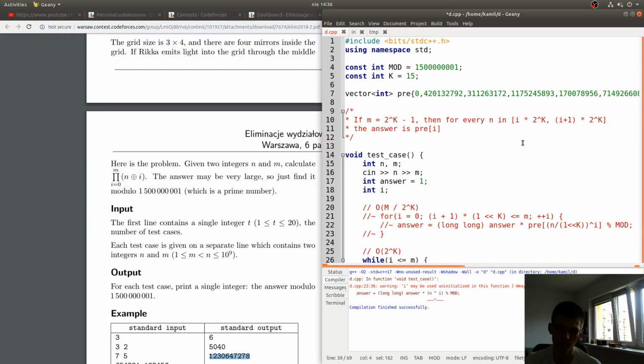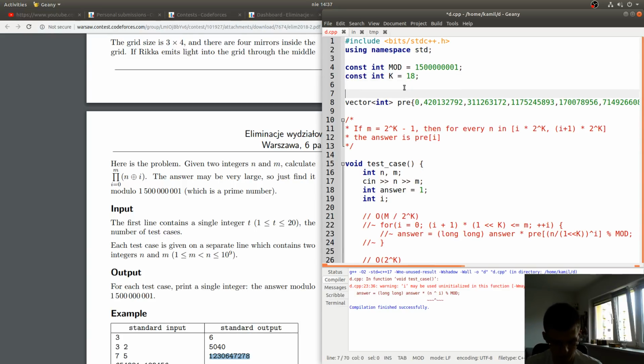In fact, in Codeforces, it's like 60,000 characters. So this is too small a k, but for k equal to 18, here we get 1 billion divided by 2 power k, so something around 2 power 12 values, so 4,000, and it means 40,000 characters, so it's just fine.